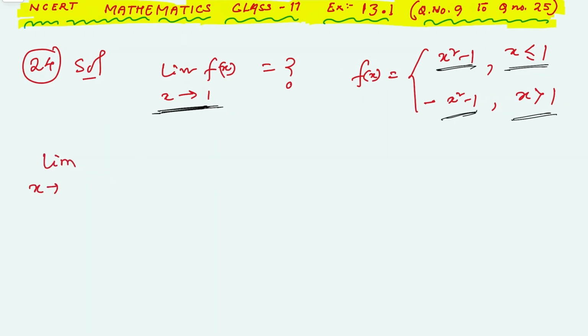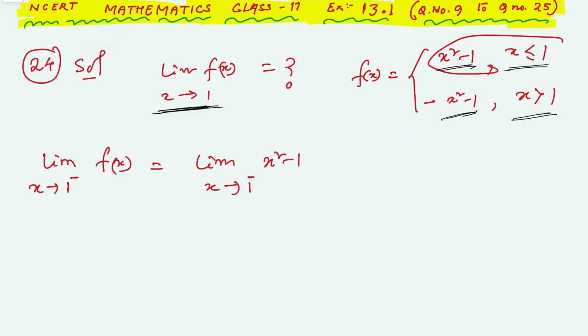So the limit as x tends to 1 negative means the left hand limit of f of x. Here for the left hand limit we have x square minus 1, as x tends to 1 negative. So if you put 1 here, 1 square minus 1, that's going to be equal to 0.